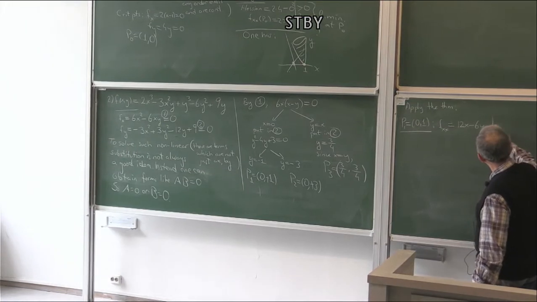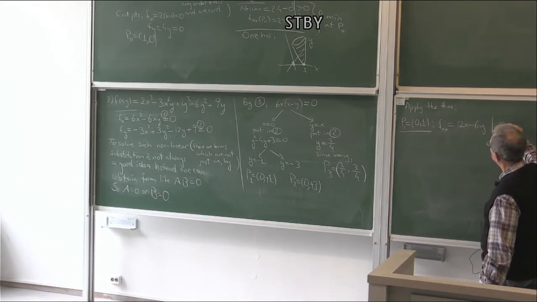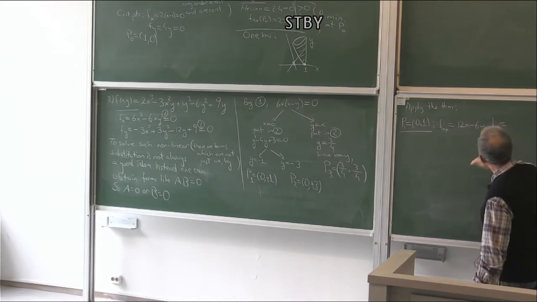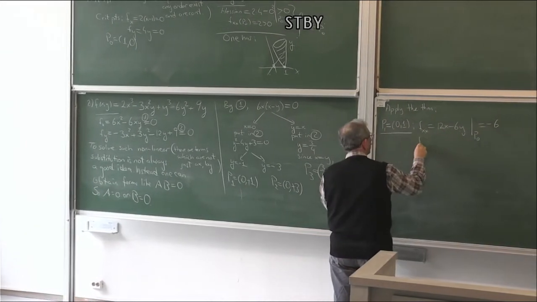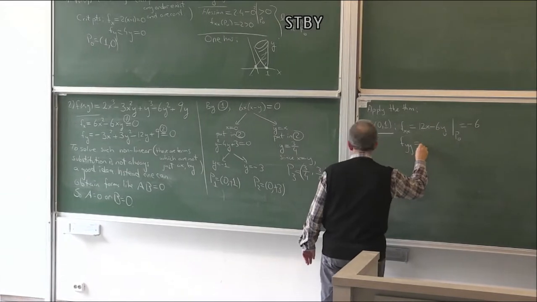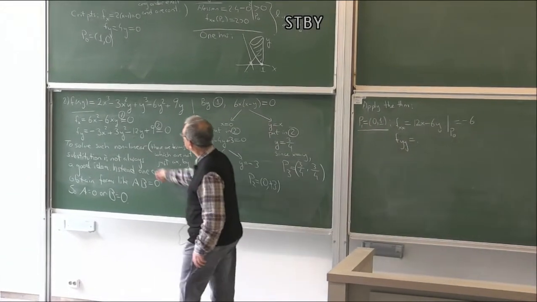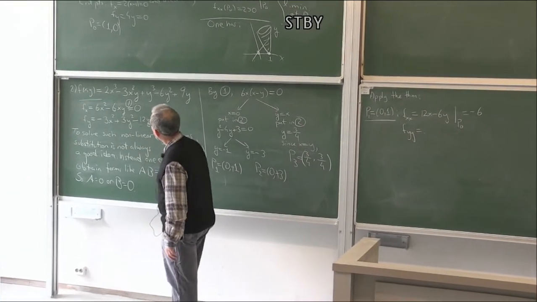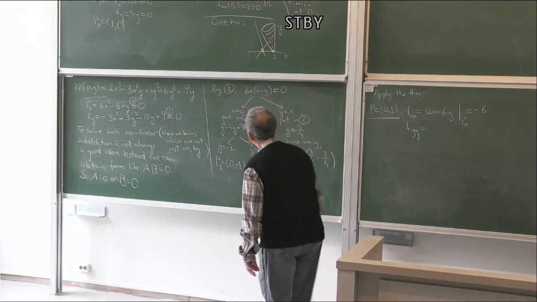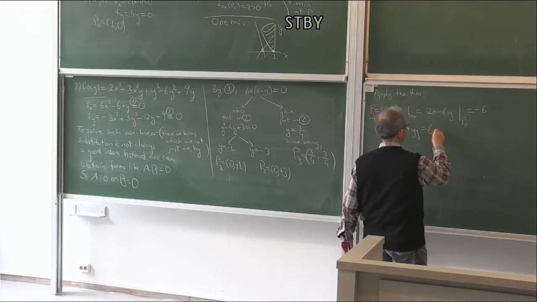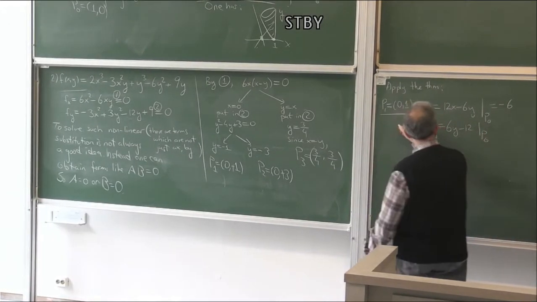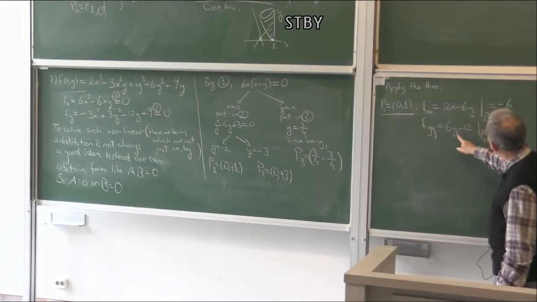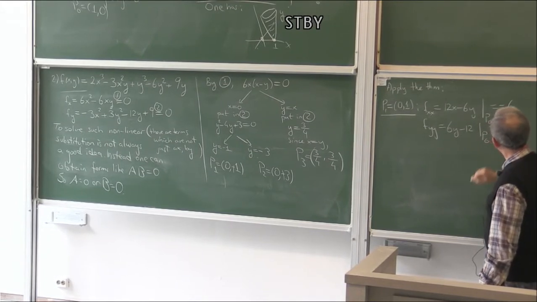At P0, that is when x is 0 and y is 1, this is minus 6. Now, we need fyy as well. So let us calculate it from here. That is 6y minus 12. At P0, when x is 0 and y is 1, this is minus 6 as well.